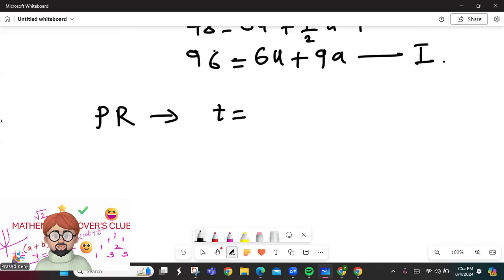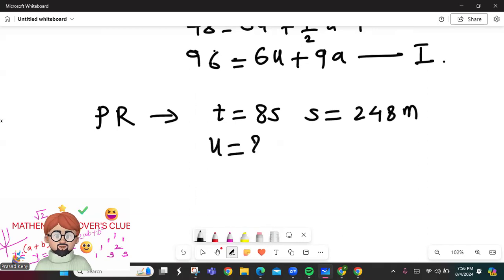So first 3 seconds and then 5 seconds, that is 8 seconds. Now the total displacement is 48 plus 200, that is 248 meter. And now see why I'm taking the journey from P to R, because the initial velocity will remain the same and obviously the acceleration is same throughout the journey.